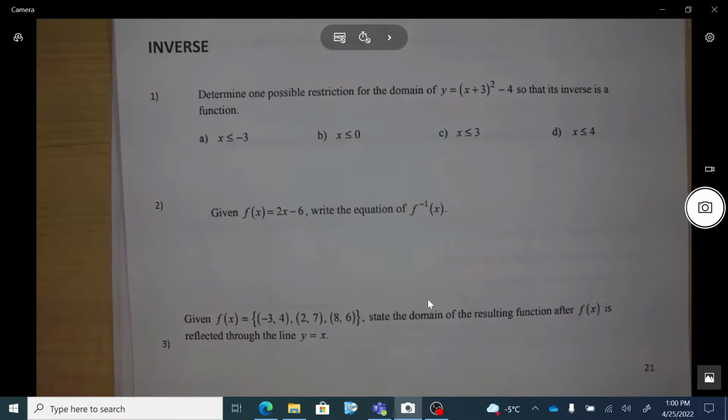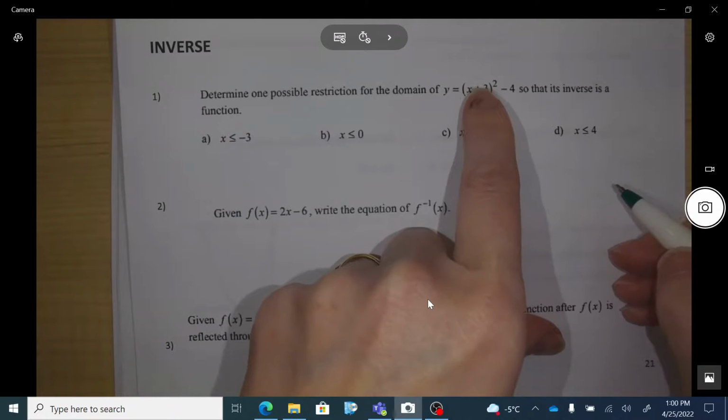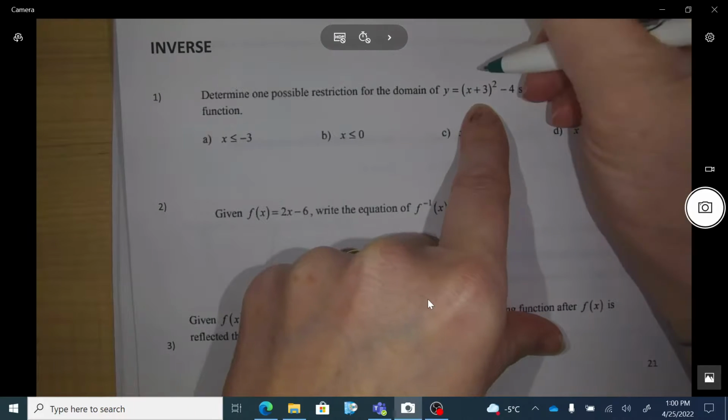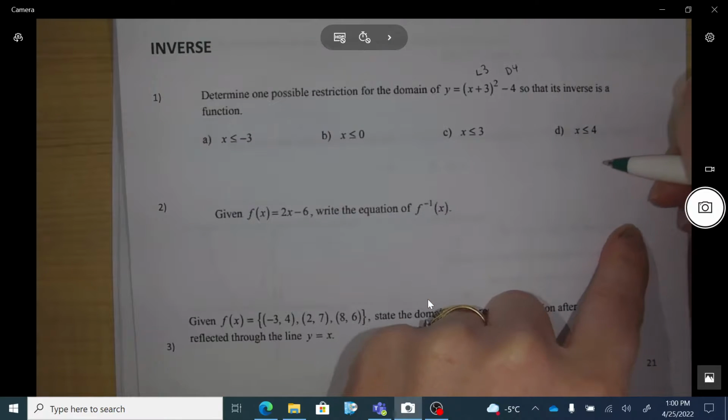Okay, determining a possible restriction, so the domain of this, so the inverse is a function. Okay, so when I think about this, I know it's a parabola that is left 3, down 4.